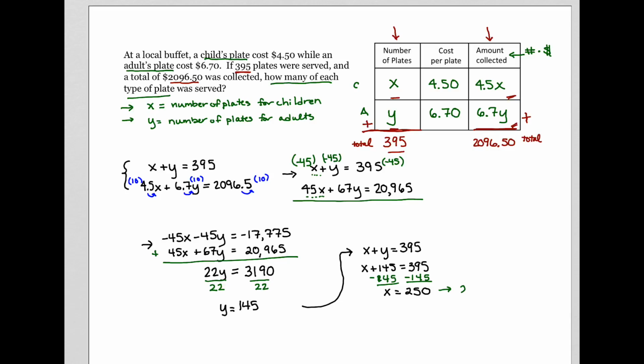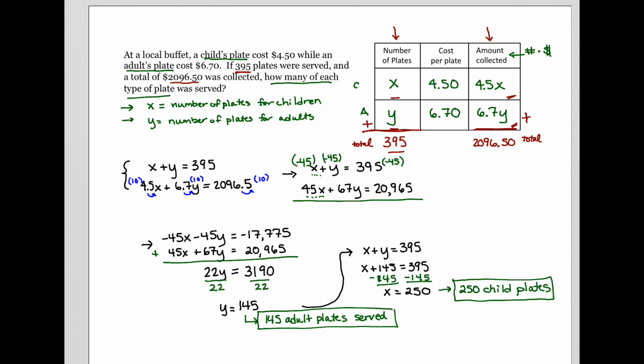That means there were 250 child plates served. y was 145, and recall y was the number of plates for adults, so that means there were 145 adult plates served. Not that bad.